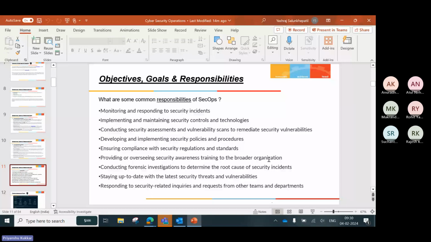audits. What are the things? I've seen many people generally ignore this, and then they face legal actions, like literally legal actions. This happened during my time in Wipro.